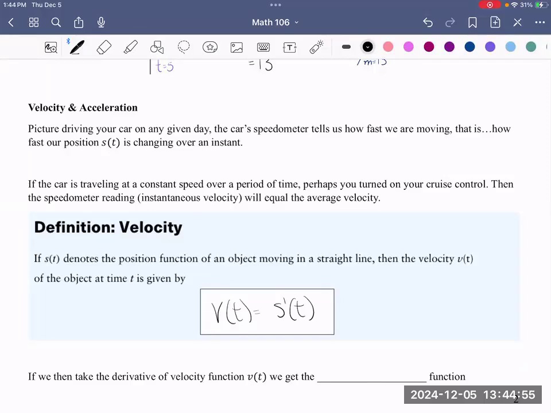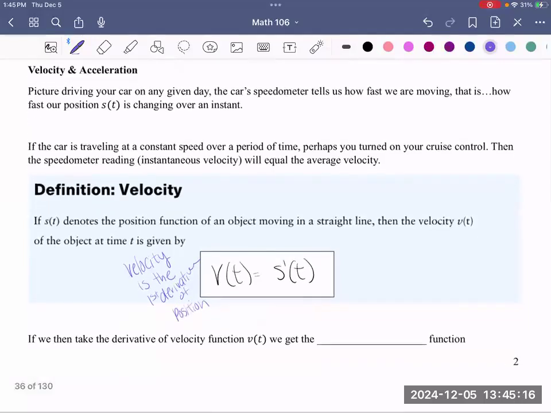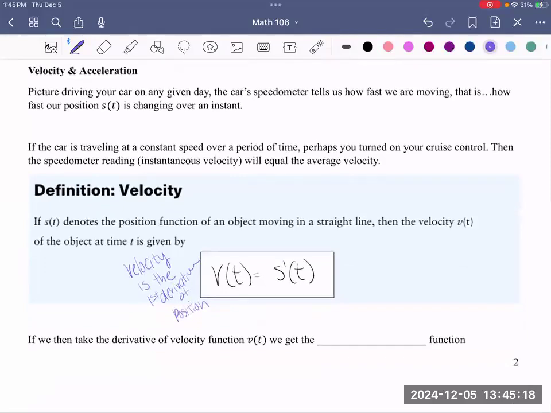Your velocity is the first derivative of your position. So we go from position to velocity, and now let's figure out the next step. If we take the derivative of velocity, we get your acceleration.